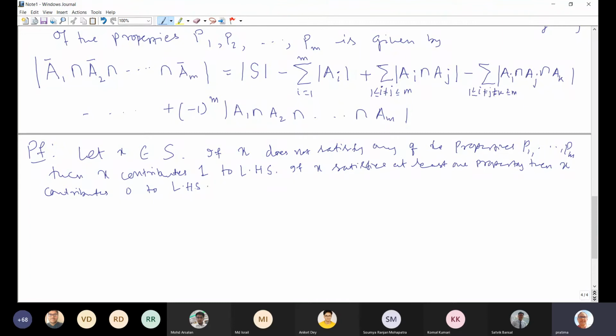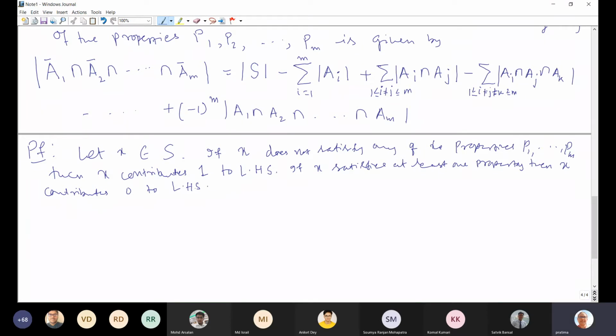So if we show that the same property will also hold true for the right hand side, this is one way of proving. Whatever property holds true for the left hand side for this element X, if exactly the same thing also holds for the right hand side, then both the sides are equal.